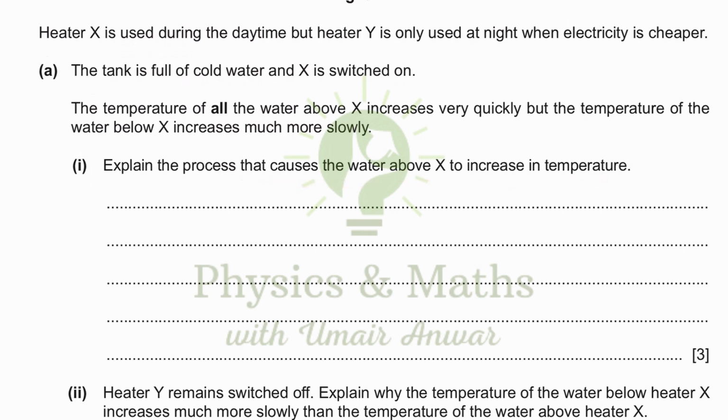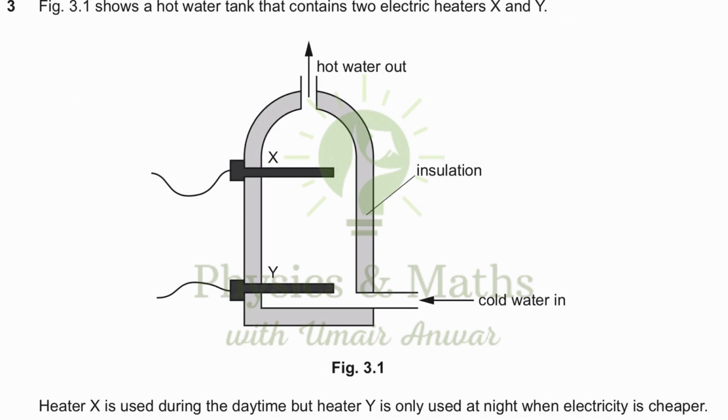The water above X is receiving heat energy from this heater, and when the water receives energy, initially it expands. And expansion means the volume is increasing, so it means the density decreases.